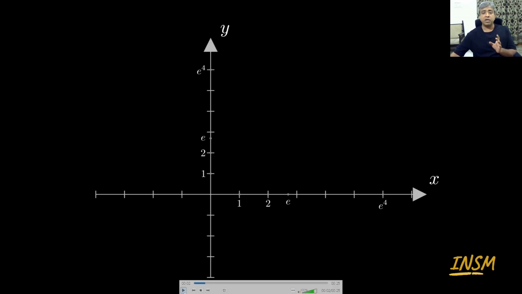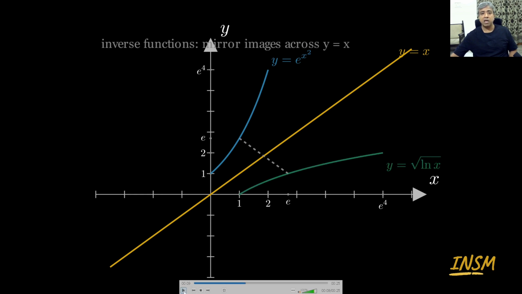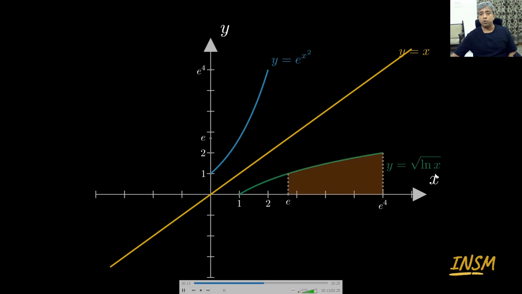So we see which integral we have to find and how we can find that out. This is our rough function y equal to e to the power x squared, roughly drawn, and the other function y equal to root log x. We see that they are mirror images of each other on the line y equal to x. The problem has asked us to find the integral of root log x from e to e to the power 4.